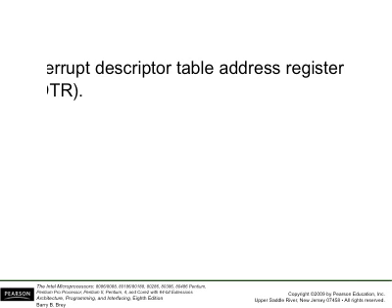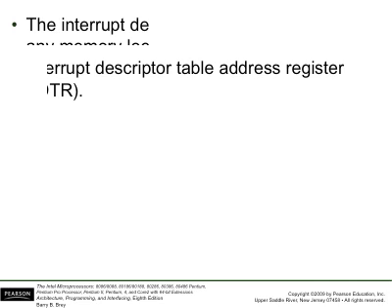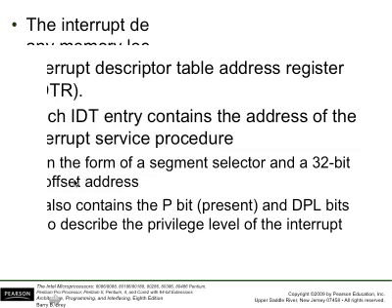The interrupt descriptor table can be located in memory anywhere in the system, and that's determined by this IDTR. Essentially, IDTR tells you exactly where that interrupt descriptor table is. And each IDT entry contains the address of the interrupt service procedure in the form of a segment selector and offset.